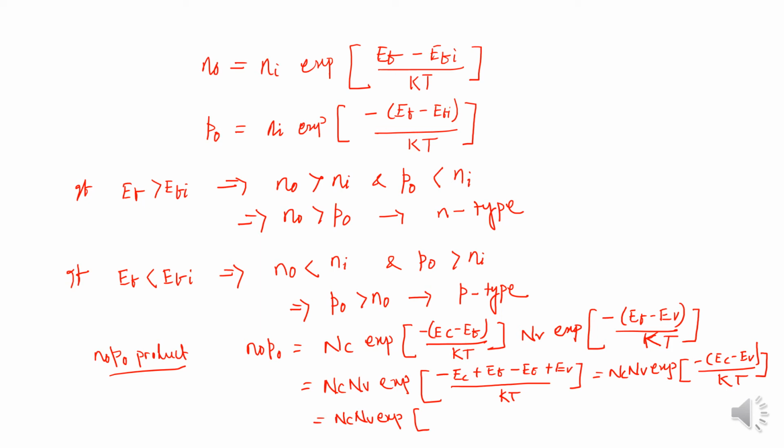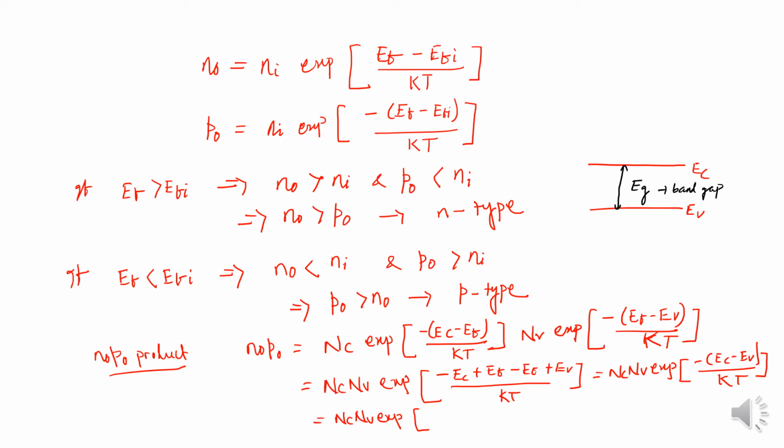EC minus EV is the gap between the conduction band and the valence band. Here we said this is EV, the valence band, and this is EC, the conduction band, and the energy gap between the conduction and valence band is called the band gap energy, Eg.